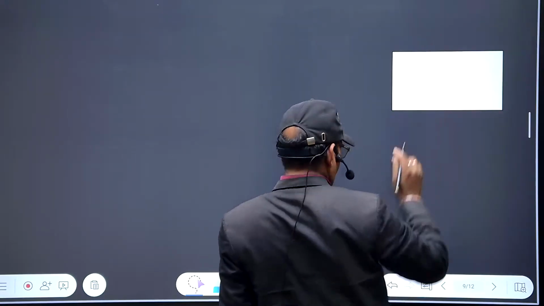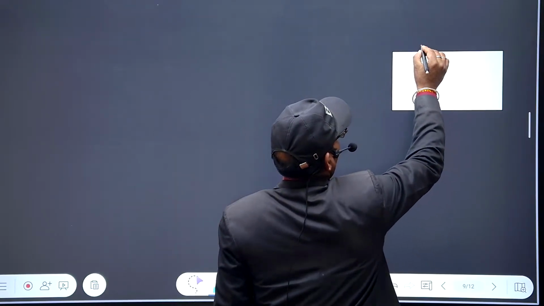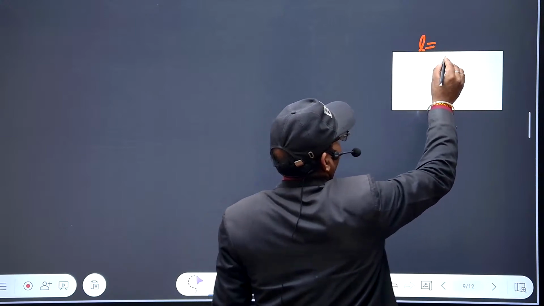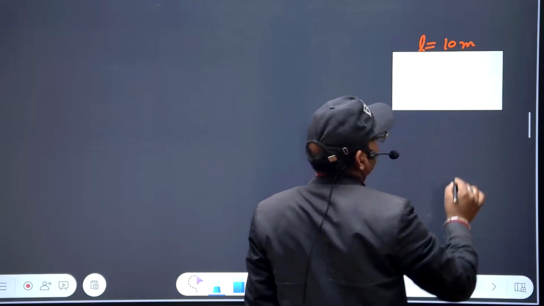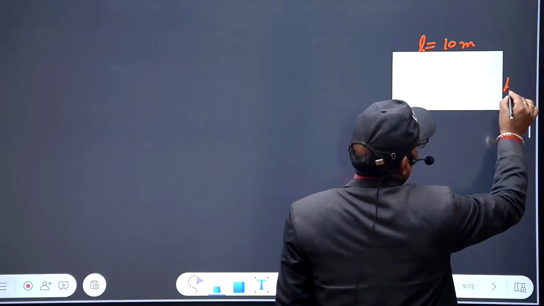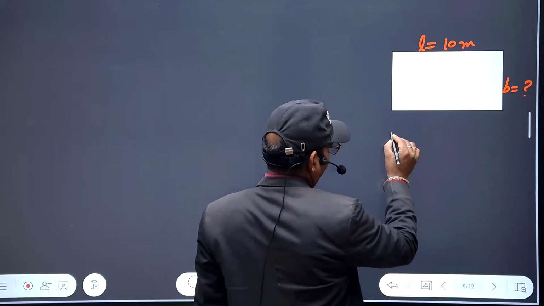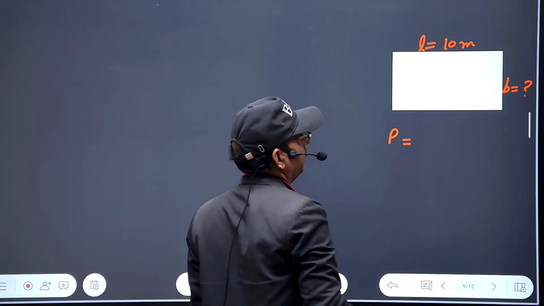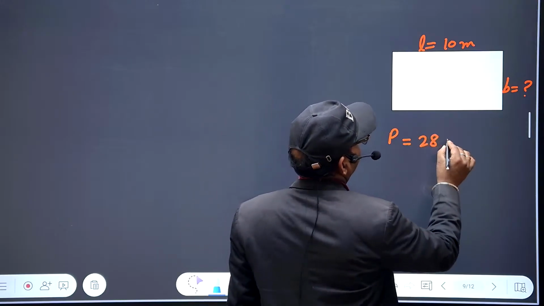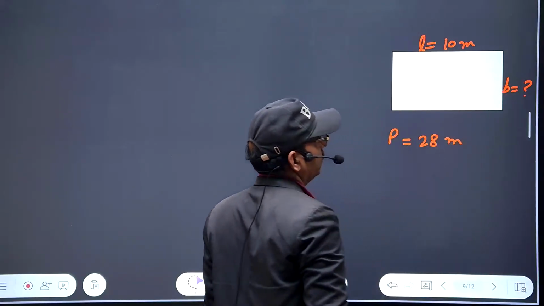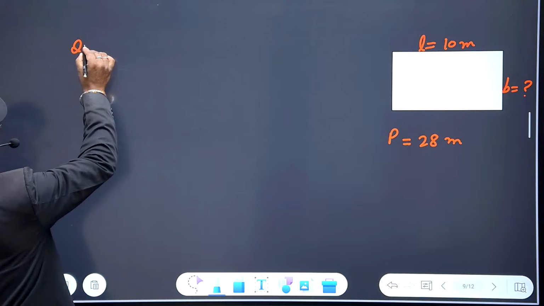Suppose length is given 10 meter, but you don't know the breadth, and perimeter is given 28 meter. So how will you find out the breadth? That is question number 3.